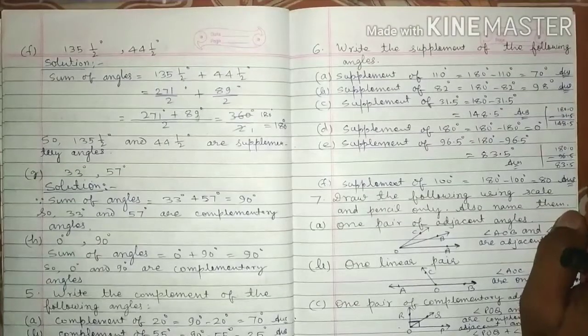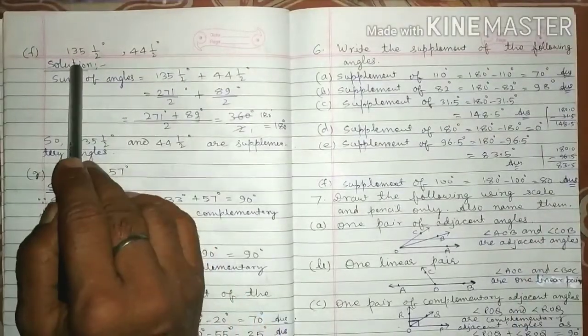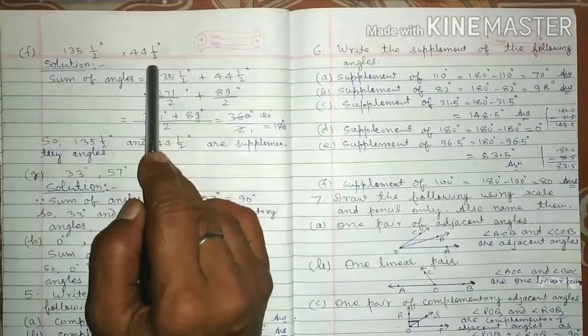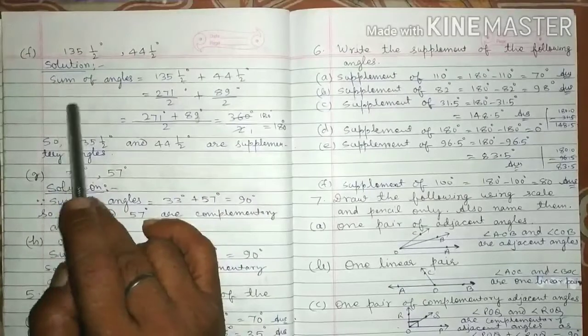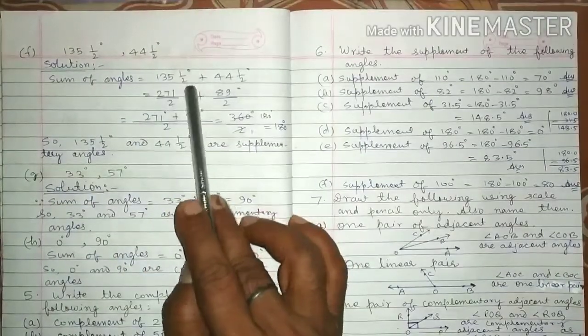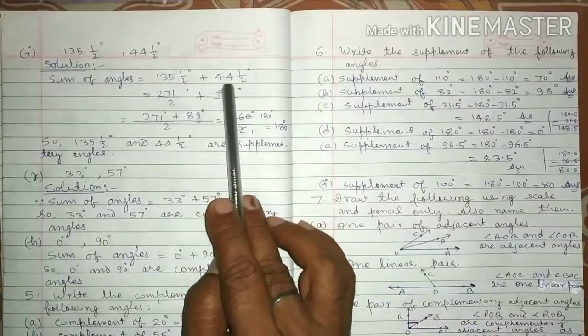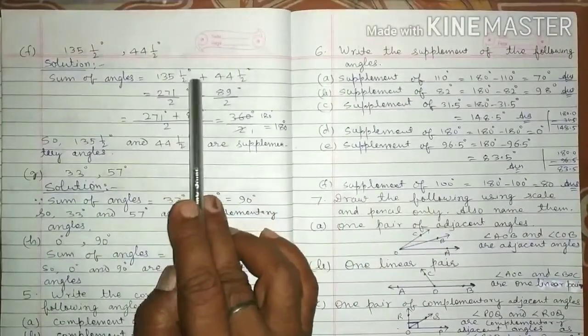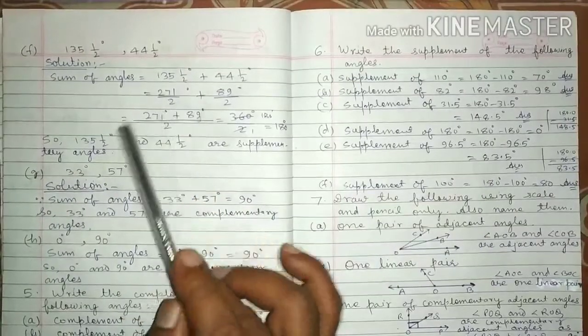Question number F, 135 whole 1 by 2 degree, 44 whole 1 by 2 degree. For the solution of this question, we write sum of angles equals to 135 whole 1 by 2 degree plus 44 whole 1 by 2 degree. This is mixed number, so we change into improper fraction.